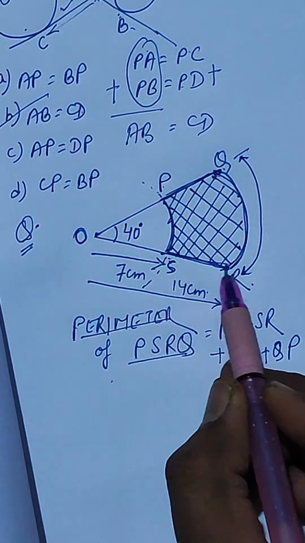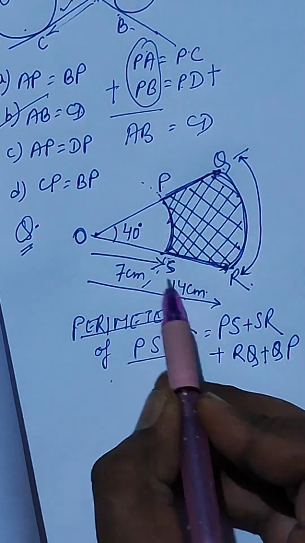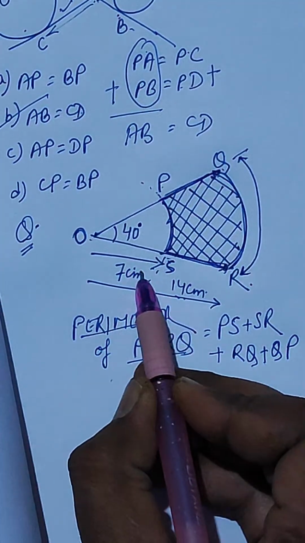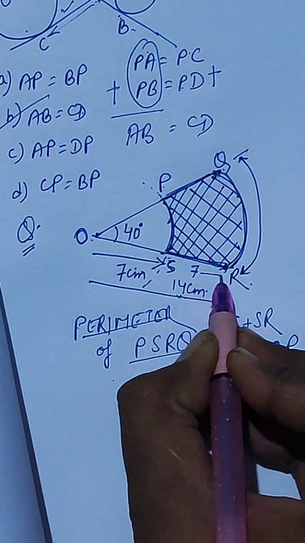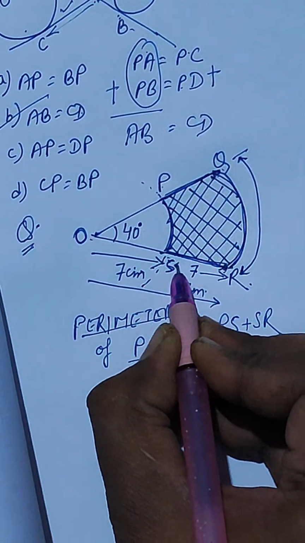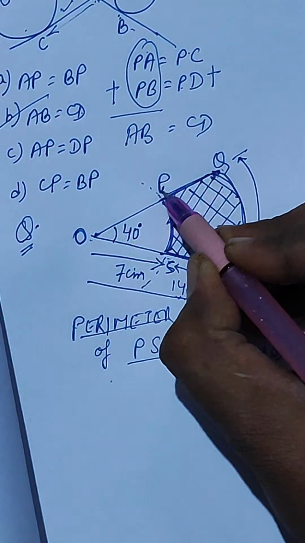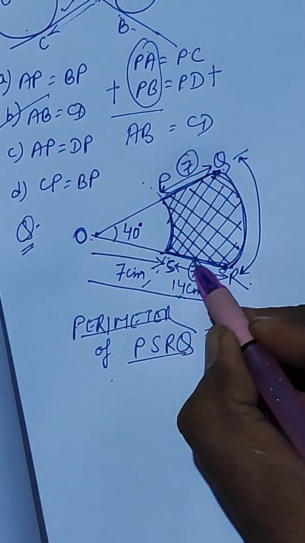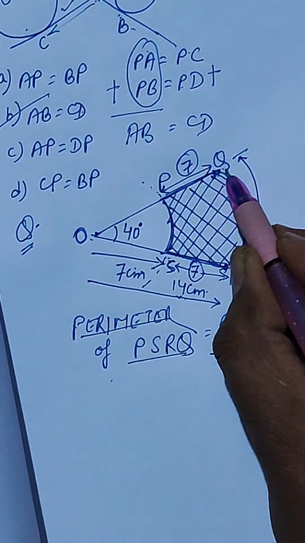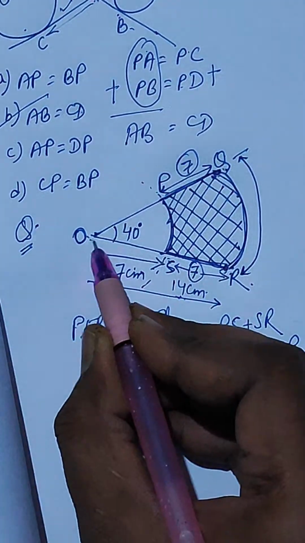Here you know SR can be calculated because the bigger radius is 14 and the smaller is 7. So 14 minus 7 will be 7. So SR is nothing but 7. This length is 7. Similarly, PQ is also calculated as 7. How? OQ is the radius, because OR is the same radius, that is 14.